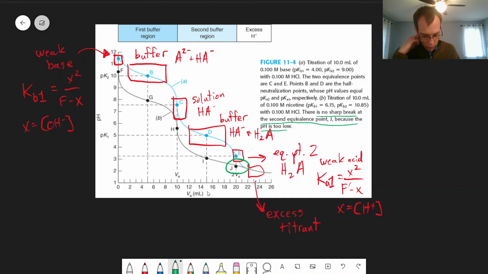And even for our example problem we looked at here, we can see that the change was not nearly as distinct as it was for a strong acid plus strong base, even for a monoprotic system. And this is generally true for polyprotic systems. Your equivalence points can sort of smear out and be difficult to observe. So it's something to watch out for with polyprotic acid-base titrations.